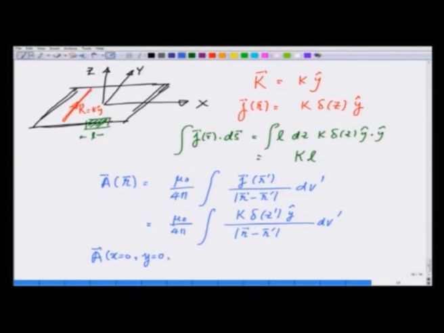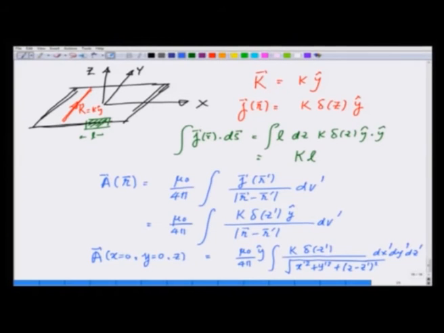This will be equal to mu naught over 4 pi integral k delta z prime, in the y direction, divided by r minus r prime. Since I am calculating it at x and y equal to 0, it is going to be only the square root of x prime square plus y prime square plus z minus z prime square, dx prime dy prime dz prime.